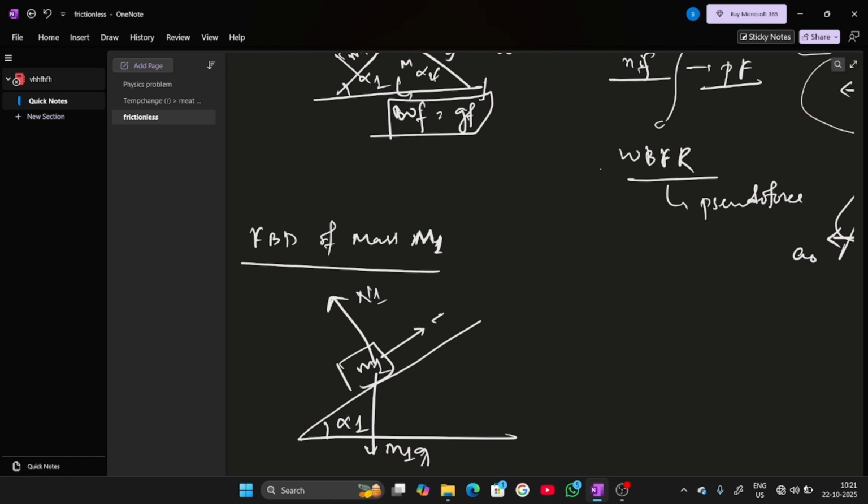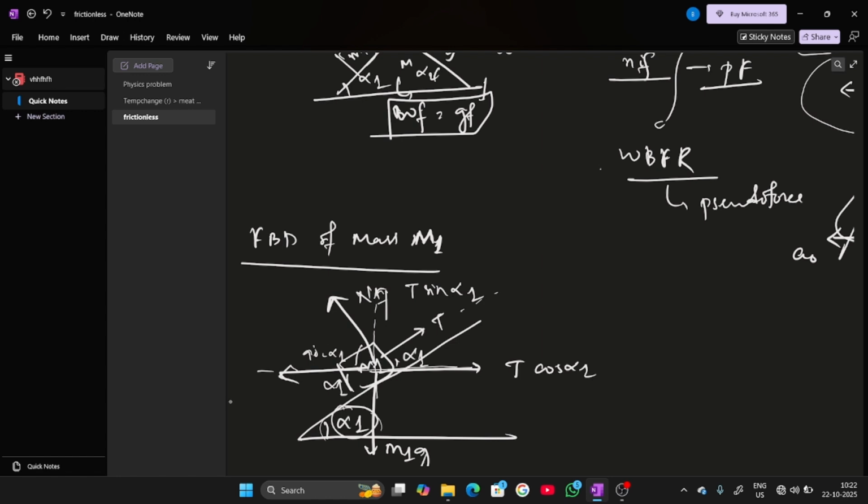This is the tension T. Let's resolve into components along these axes. This angle is alpha 1. As these lines are parallel, this will be alpha 1. This is T cos alpha 1. This is T sin alpha 1. This angle will also be alpha 1. This is 90 degrees minus alpha 1.